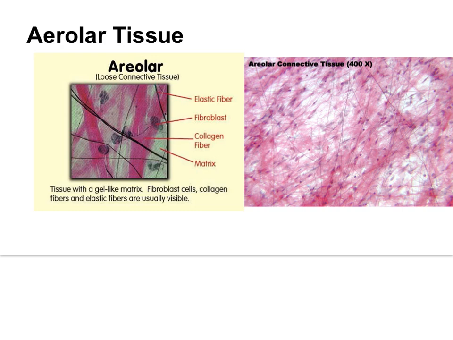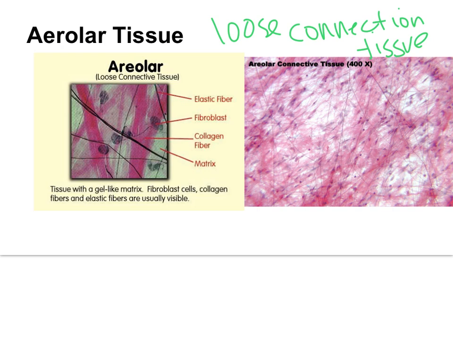Areolar tissue is a fancy name for something called loose connective tissue. We see areolar tissue sometimes underneath our skin in the dermis region, and it's going to be kind of a hodgepodge tissue that we sometimes find in between other types of tissue. One of the things that is important about areolar tissue is that we see these cells called fibroblasts. A fibroblast is a cell in areolar tissue, and it makes two different types of fibers.